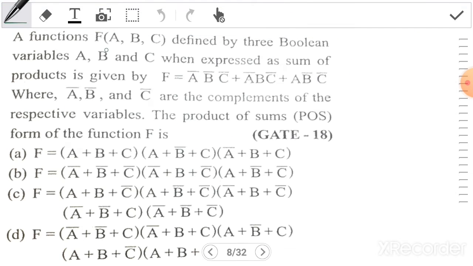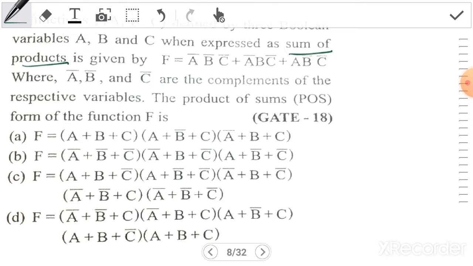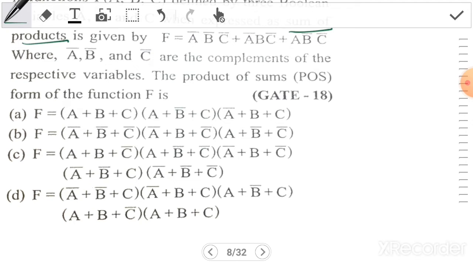Here, a function f defined by 3 Boolean variables a, b, c, when expressed as sum of product, is given by the following, where a complement, b complement and c complement are the complements of the respective variables. The product of sum form of the function f is. So we are given the sum of products form and we have to find the product of sum form.